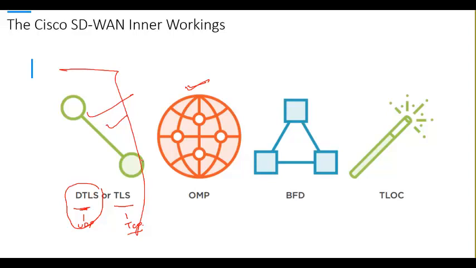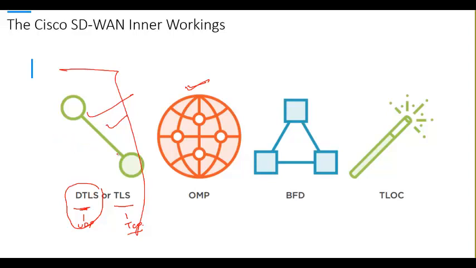And not only that, vSmart sends multiple informations back to the WAN edges, which is going to determine the data plane and the transport. So between the WAN edge and the vSmart, different types of informations are carried, and that is using OMP inside this DTLS/TLS tunnel.